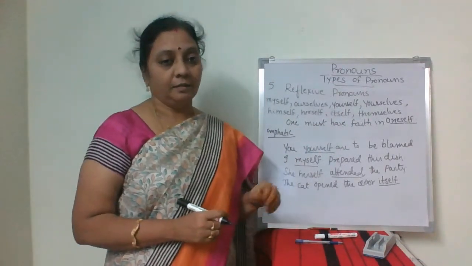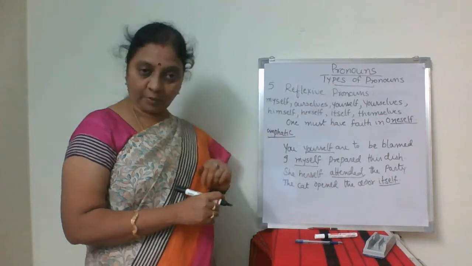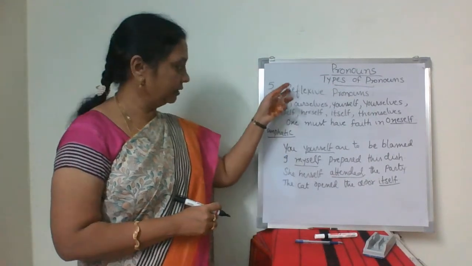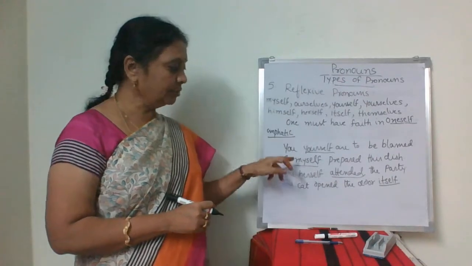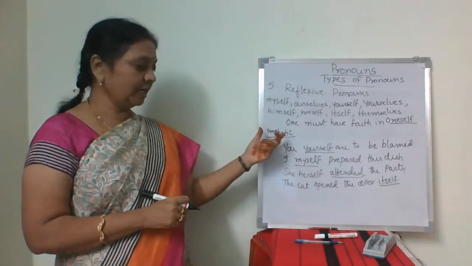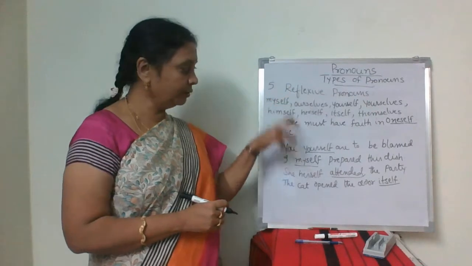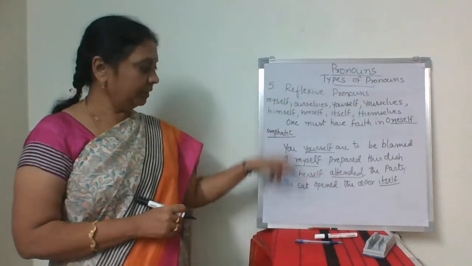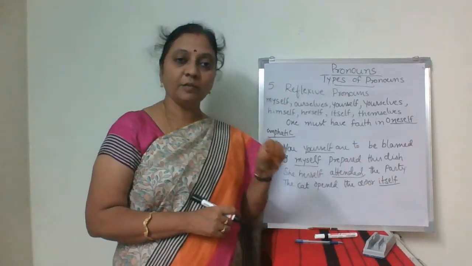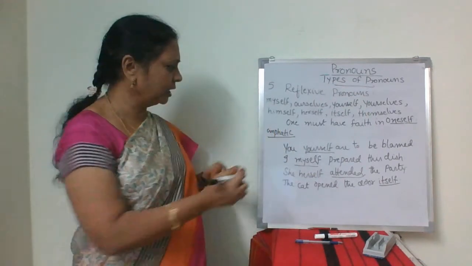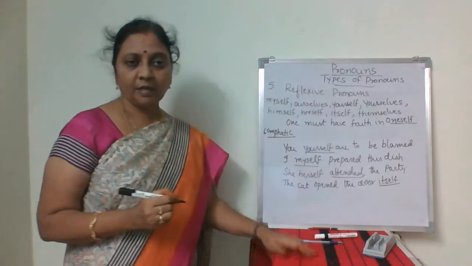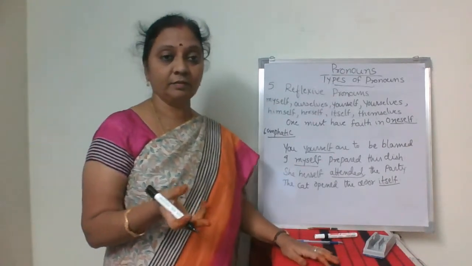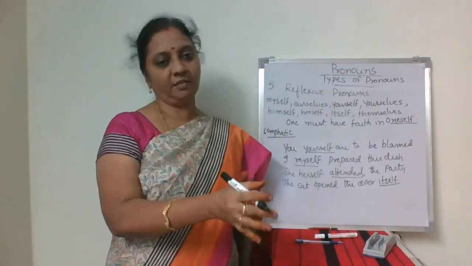Then there are some more pronouns, just like these words, the same reflexive form only, but the usage is different. They are called emphatic pronouns. Emphatic by name itself, they emphasize something.